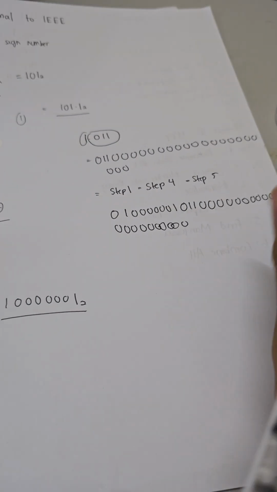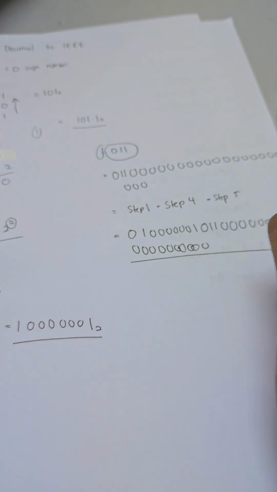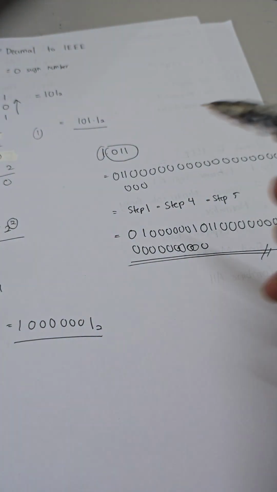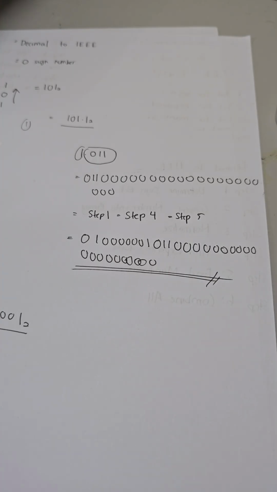So this is the IEEE number. We have successfully changed the decimal number to IEEE. Pretty long, right?